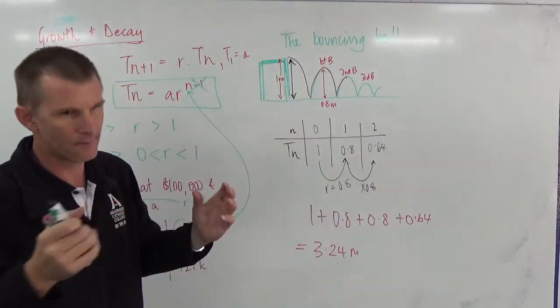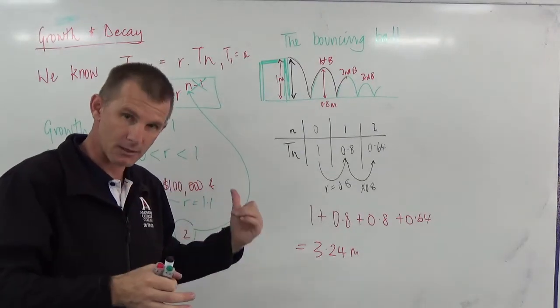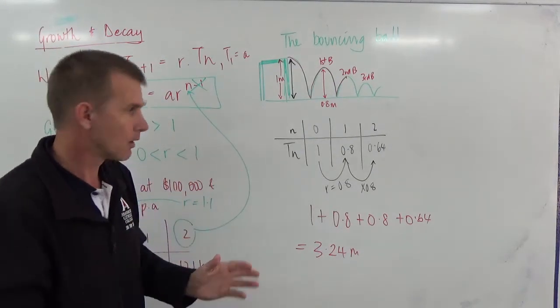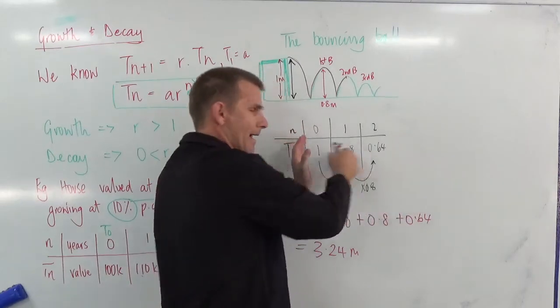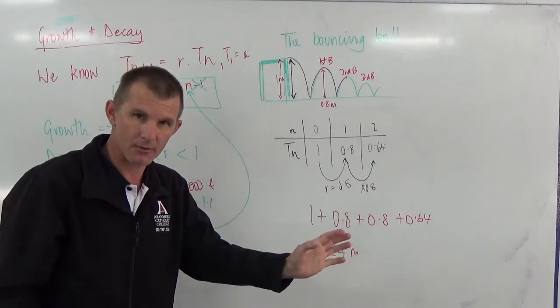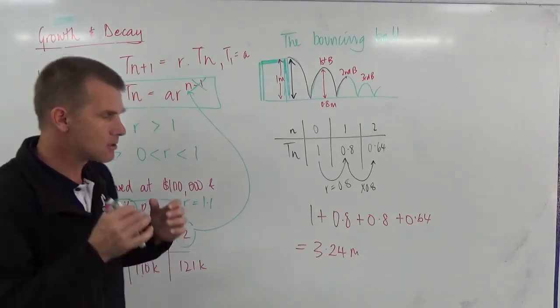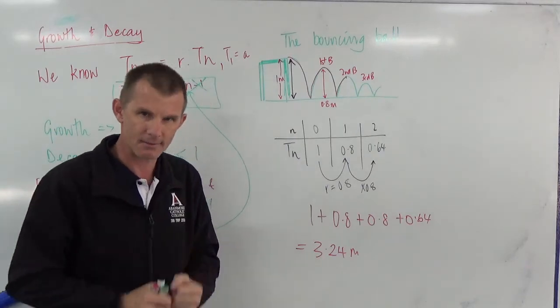Now there is a set of formulas. They're called geometric series in this case, or arithmetic series, where the formula will actually add all of these up. Now if you want to have a look, they're in my Year 11 methods stuff. It shows you how to do arithmetic series and geometric series. It's not required in the apps course.